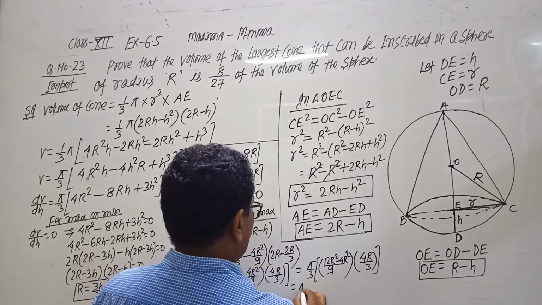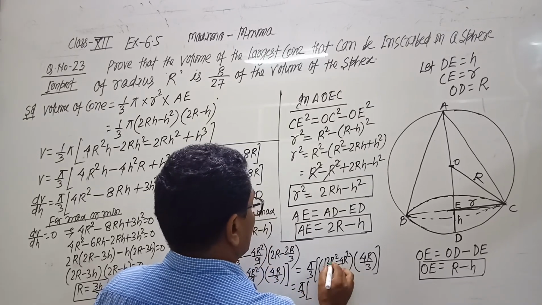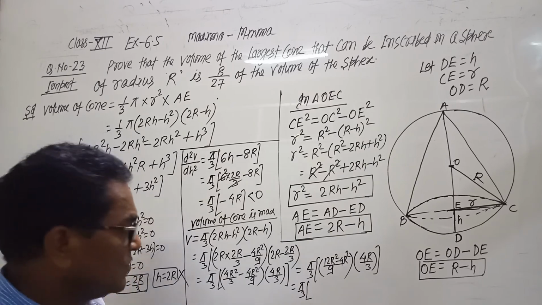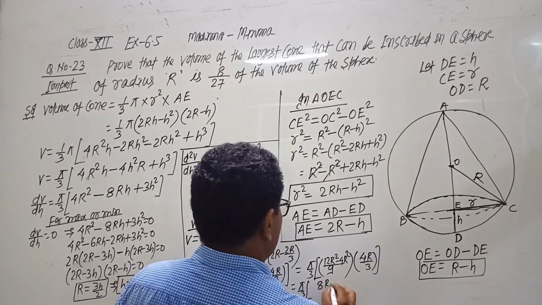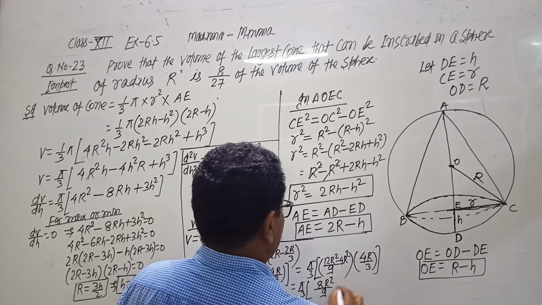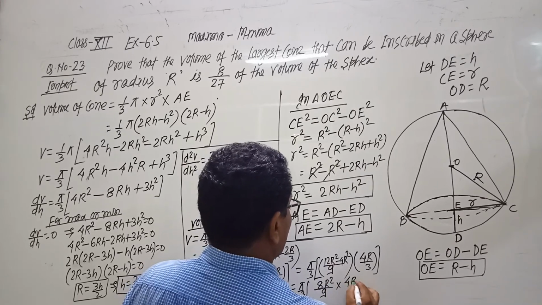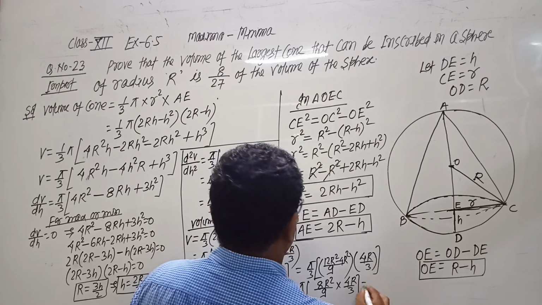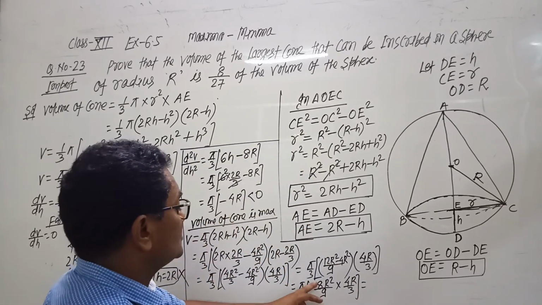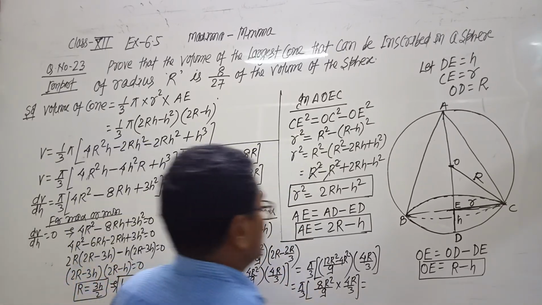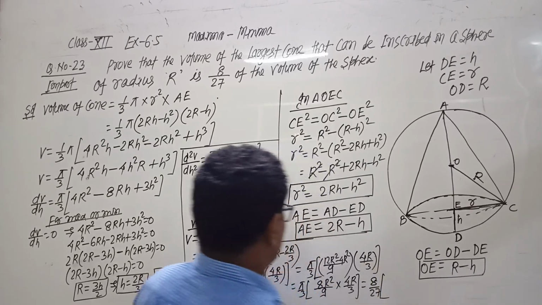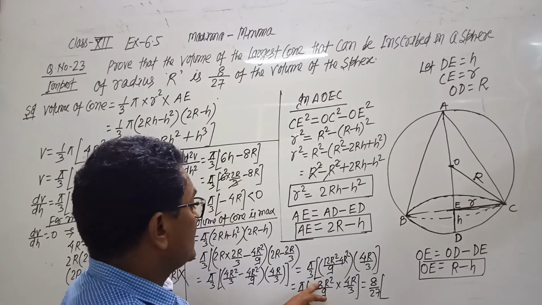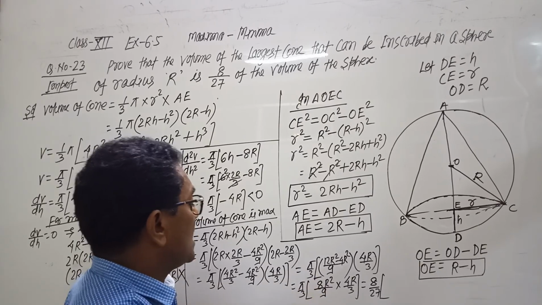Then we get pi by 3 times 12r square minus 4r square, which is 8r square by 9, into 4r by 3. This is written as 8 by 9 into 3, which is 8 by 27. 8 by 27 is taken outside.